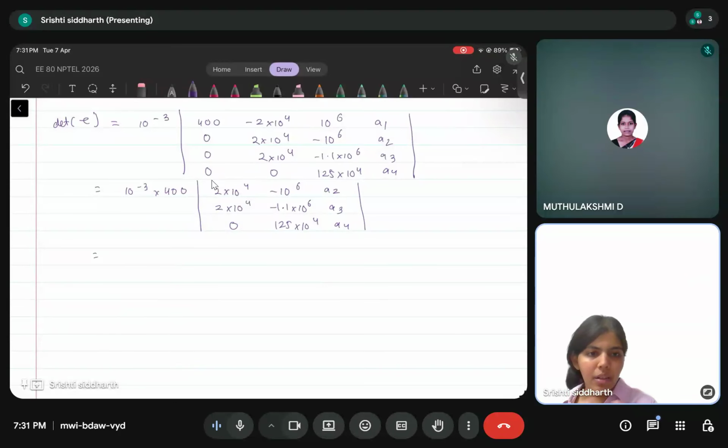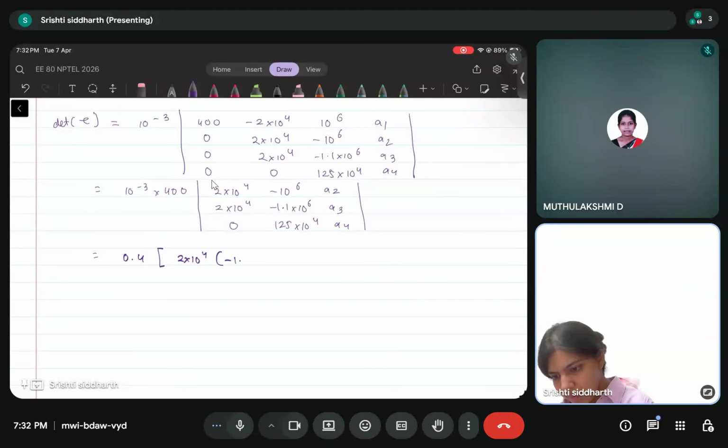We have to expand the determinant of this 3 by 3 matrix. This is 10 to the power minus 3. So this is 4 into 10 to the power 2 into 10 to the power minus 3. This is 0.4 times 4 minus A3 times 125 into 10 to the power 4.